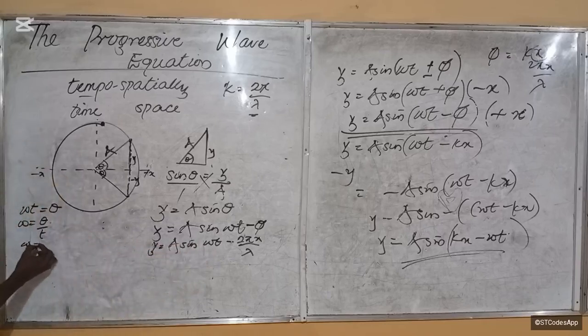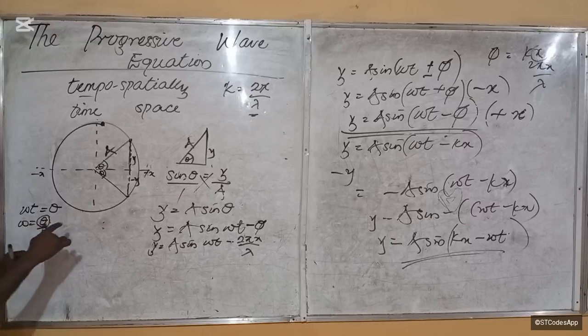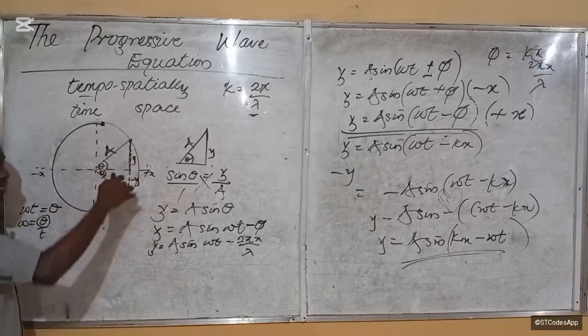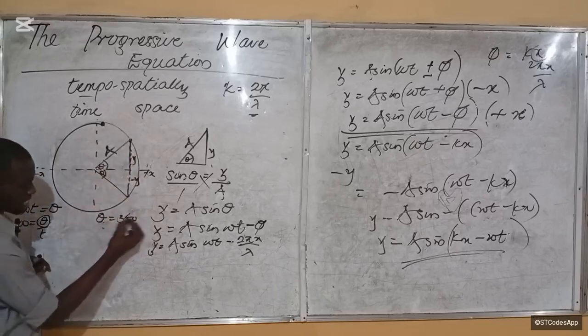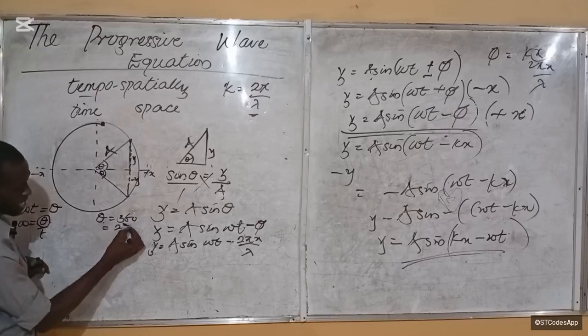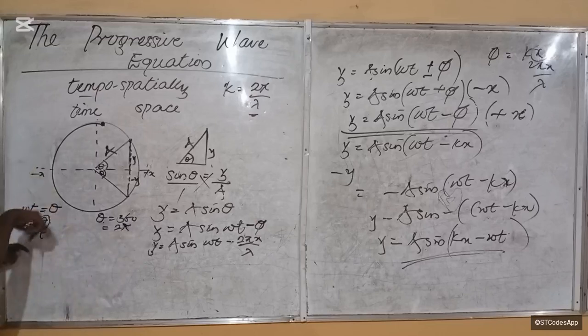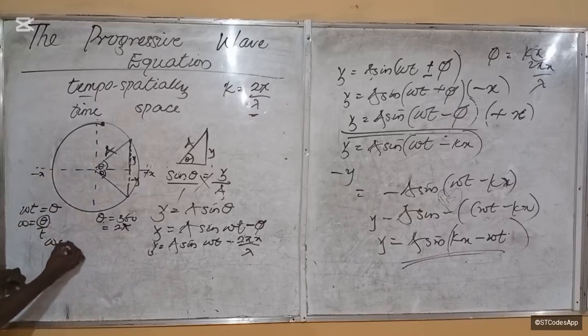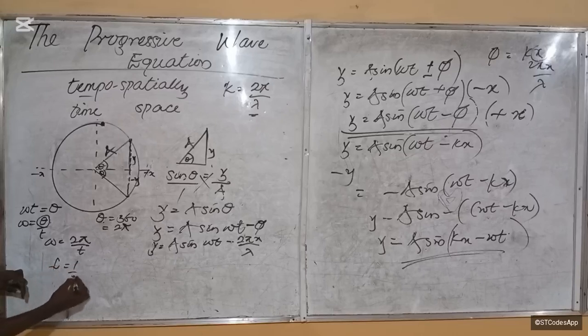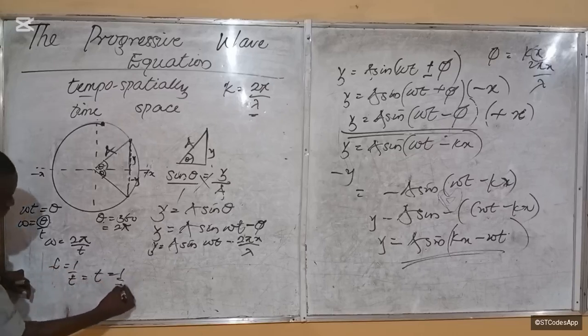And remember also that omega is 2π f. How did I come about that? If the circular motion covers a complete circle, theta is equal to 360, which is the same as 2π, so we have 2π over T. Recall also that f is equal to 1 over T, which means that T is equal to 1 over f.